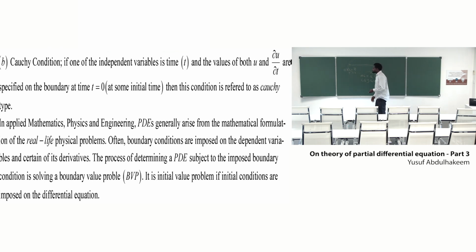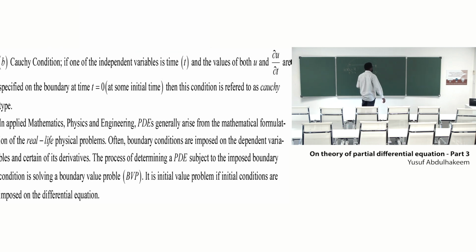So the process of determining a PDE solution subject to imposed boundary conditions is solving a boundary value problem. For us to obtain the solution to a given partial differential equation with an unknown function u, we have to solve what we call a boundary value problem.